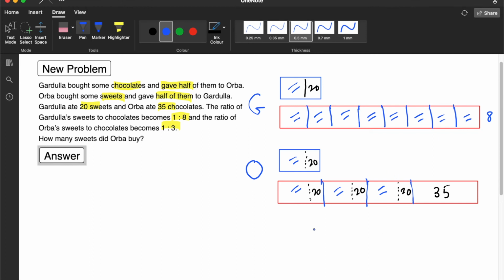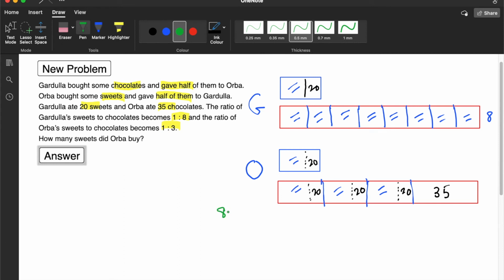Right? So now we can proceed further. We can compare the chocolates here for Gardula as well as the chocolate here for Orba. These two are actually the same number of chocolates. So this is what I can do now. Let's use a different color, that's green.